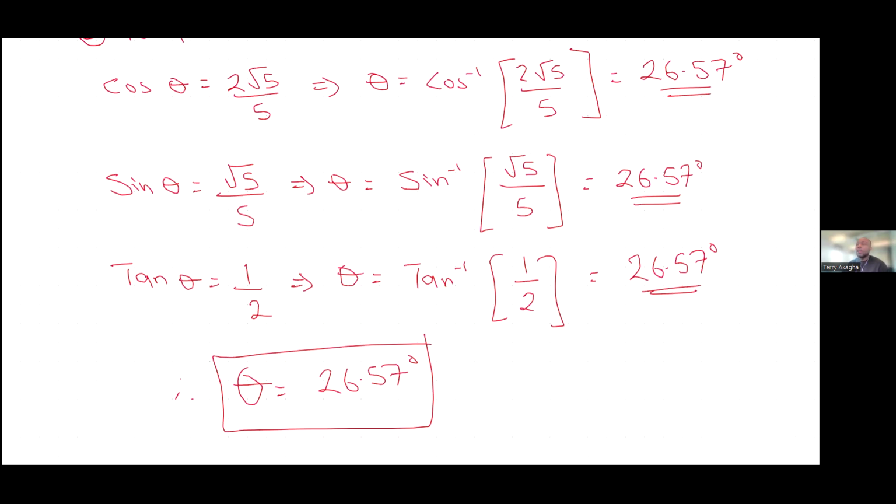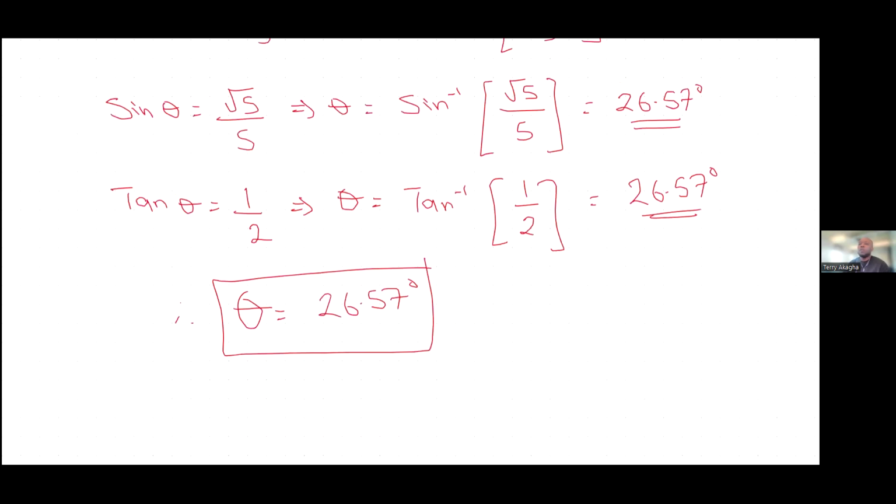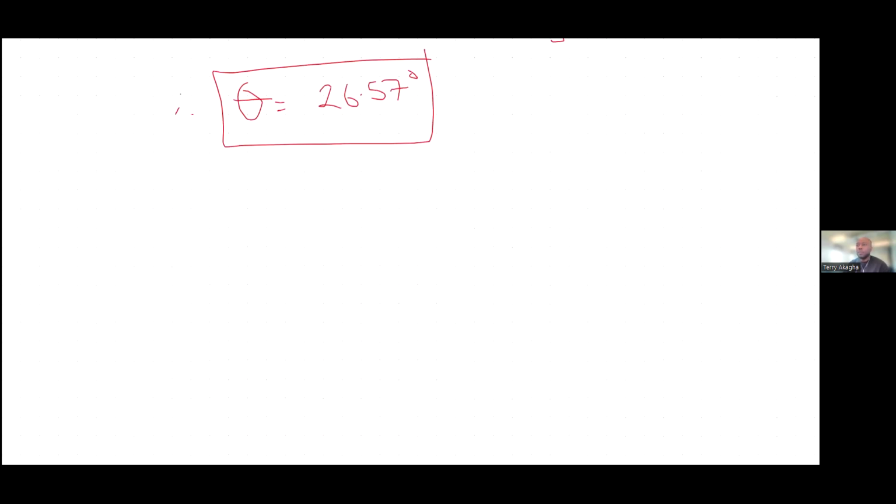All right, let's pick another example. Okay, and let's pick another example to further explain this. So let's assume we're told that cos theta is equal to 8 divided by 9, and we're now told to find sec theta, cosec theta, cot theta, and theta.